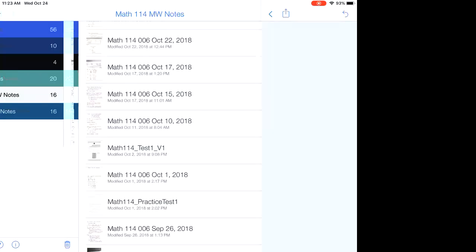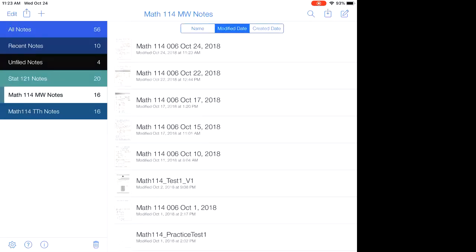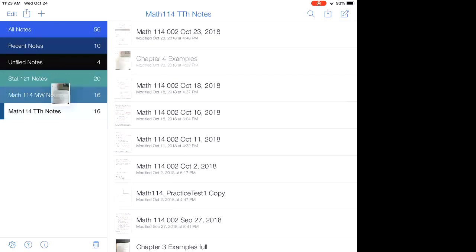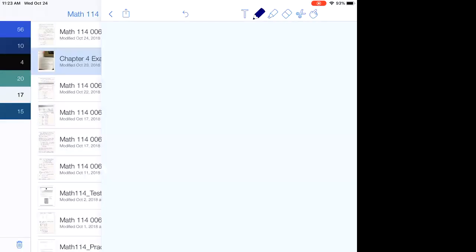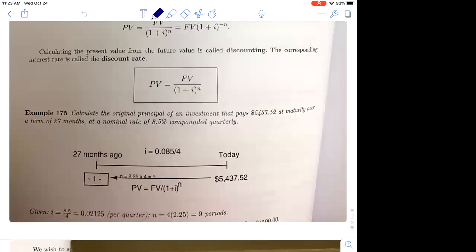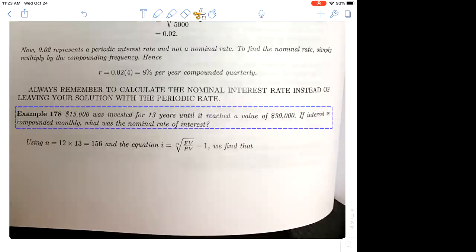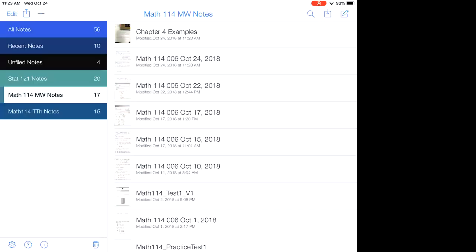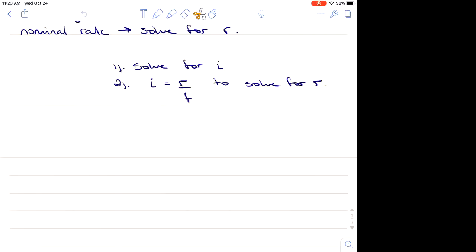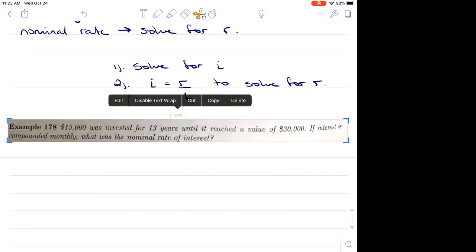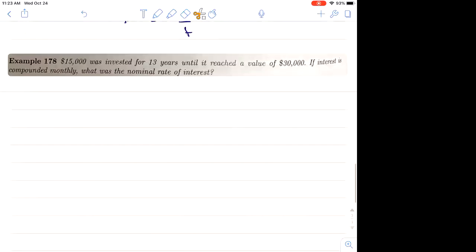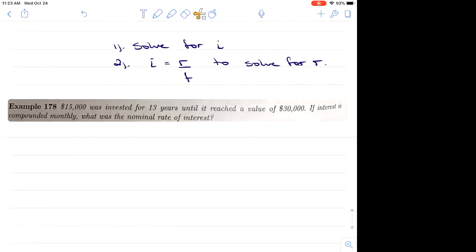So let's do an example. We're going to do example 178. $15,000 was invested for 13 years until it reached a value of $30,000.